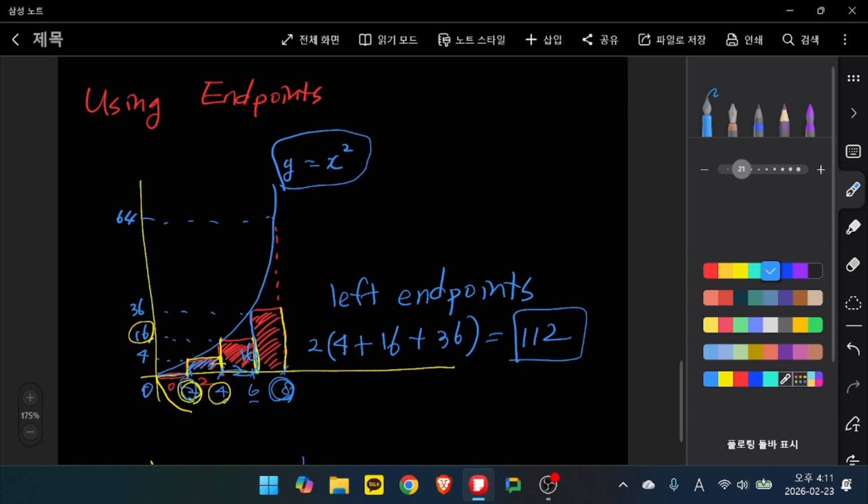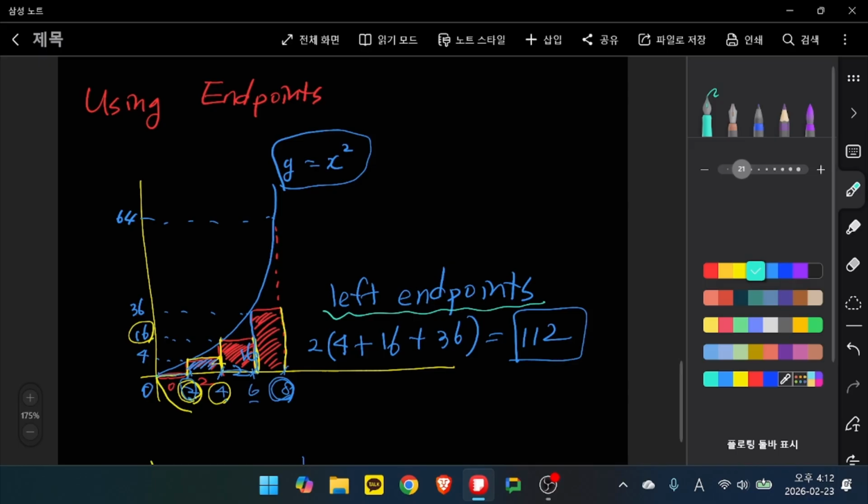So this is the lower sum because I used left endpoint, which means I used left x value for this rectangle.